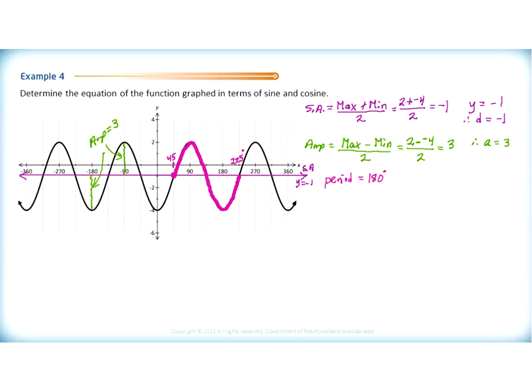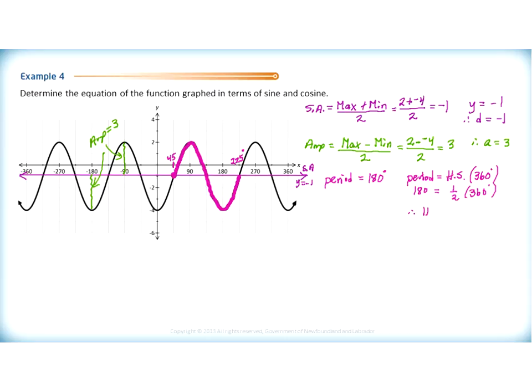So that enables us to calculate the value of the horizontal stretch. So we know that the period is equal to the horizontal stretch multiplied by 360 degrees this time, because we are using degree measure as part of our solution. So now we know that 180 degrees is really equal to half of 360 degrees.